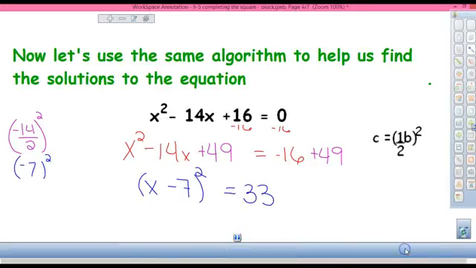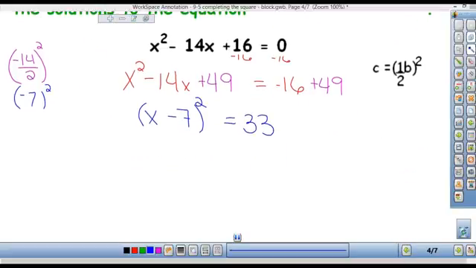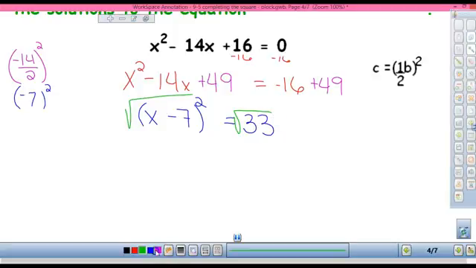So when we write these equations, we're going to take the square root of this and the square root of that. Before you start punching stuff into your calculator, the square root of x minus 7 squared is just x minus 7.